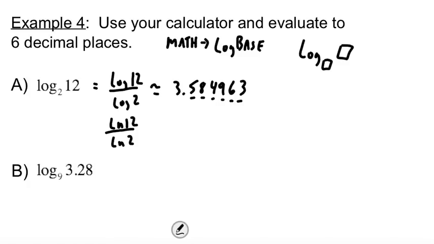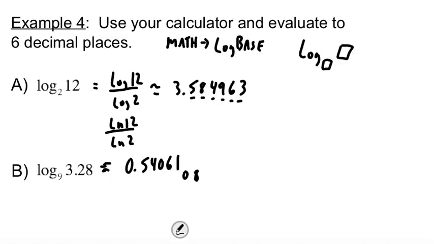All right, so now we come down here. This is the log base 9 of 3.28. Go ahead and put that in the way that you are going to enter it into your calculator. Going out 6 decimal places, I get 54061, and then there's a 0, and then there's an 8.